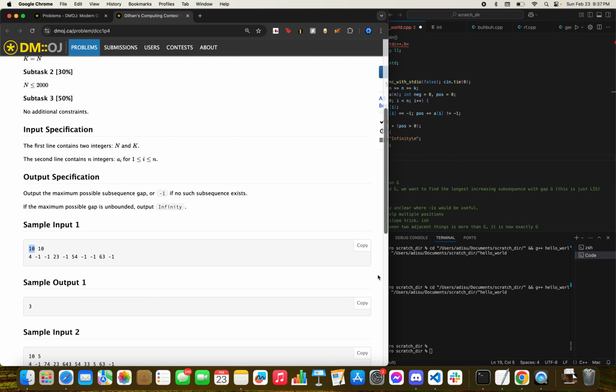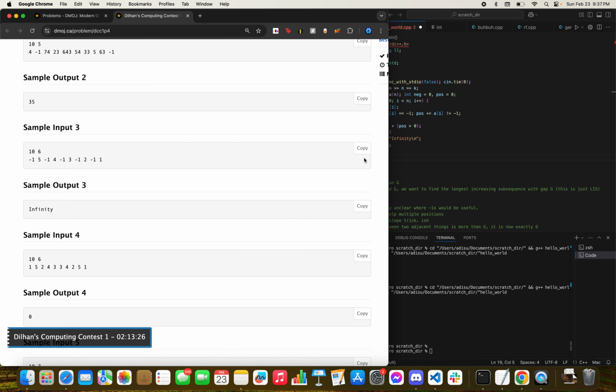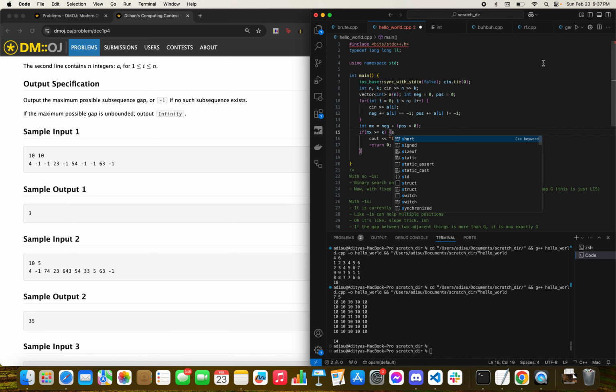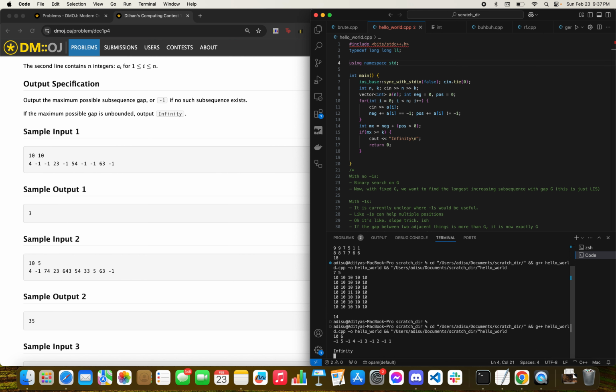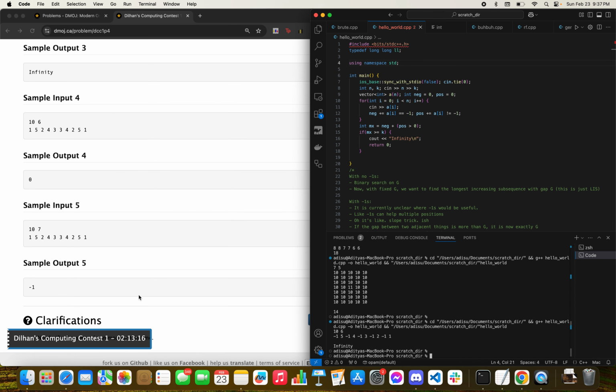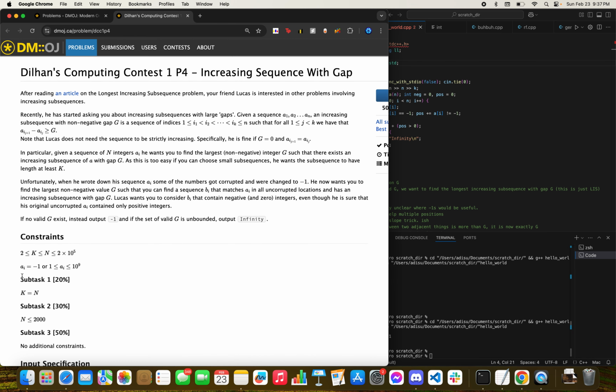Let's just see if that works for this thing. God. Okay, trust that the copying worked. Let's type it. Infinity. Okay. What is -1? How can the output be -1? Oh, if no valid g exists. Okay, sure. That is, I suppose, a reasonable thing.